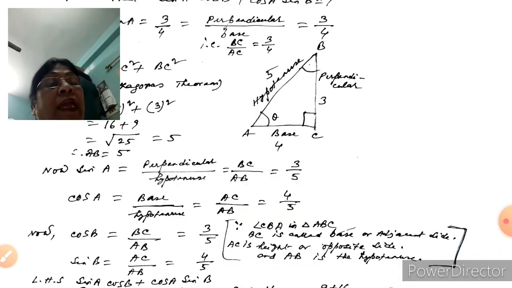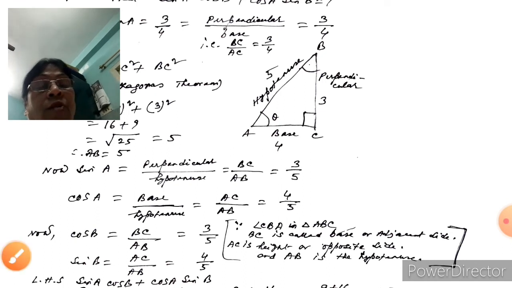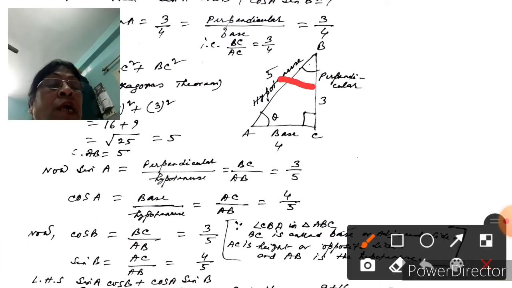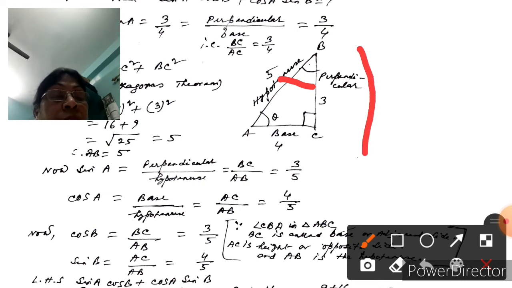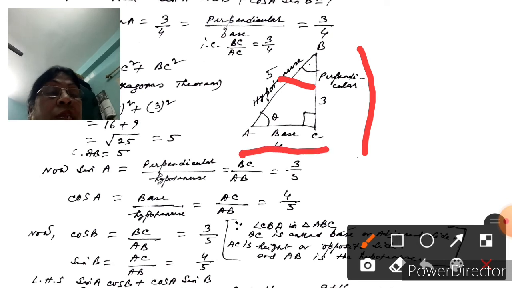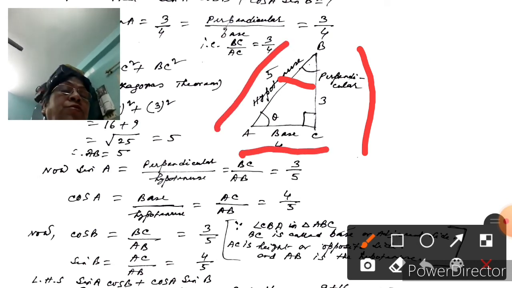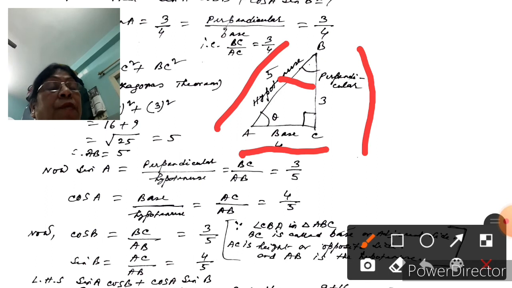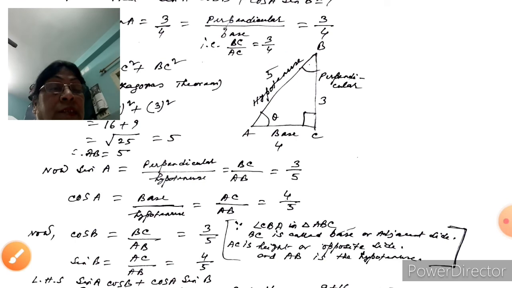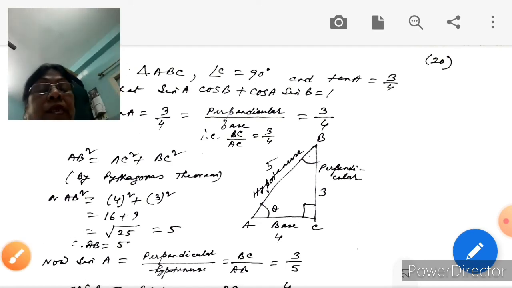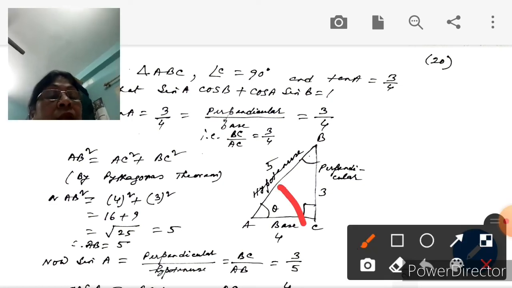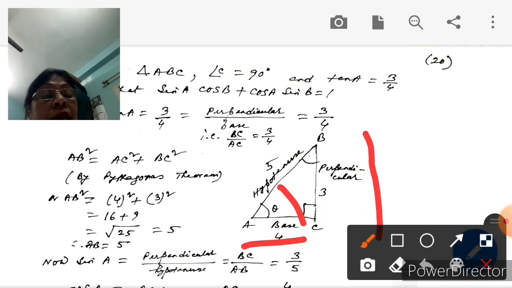When the angle CBA is considered, BC is called base, AC is height, and this is hypotenuse. You got it? It depends on which angle is considered. Similarly, previously you have seen when angle theta is considered, base is AC, perpendicular is BC, and hypotenuse is AB.